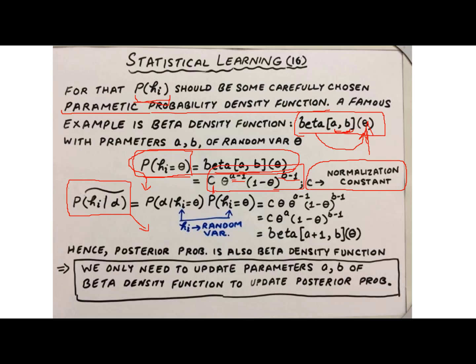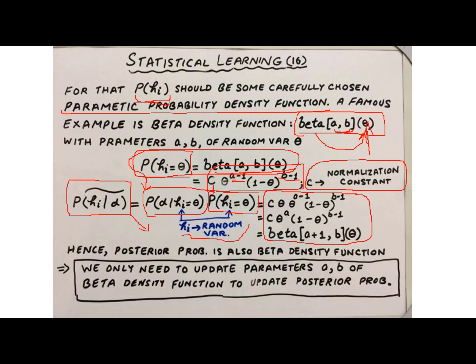So if you assume that the prior has a beta probability density function, then it turns out that the posterior also has a beta probability density function, and the update to the posterior becomes particularly simple. So here, the probability of data given hypothesis h_i, and one of the things to note is that h_i equals theta.